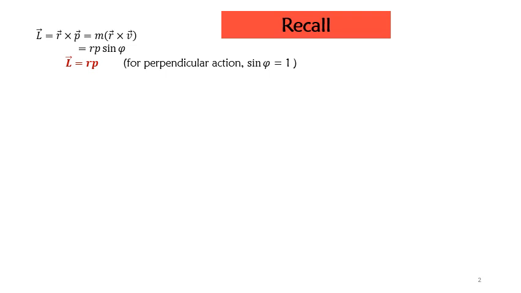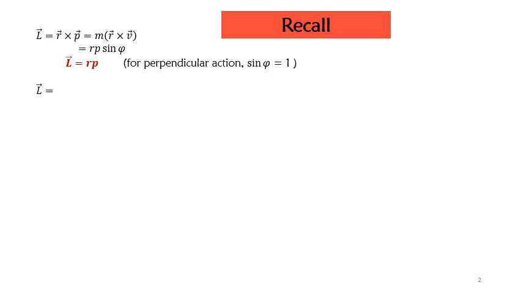Or you can just use r p sin theta, because maximum angular momentum is obtained when there is a perfect perpendicular relationship between the linear momentum of the body and the axis of rotation of the body. I think I explained that clearly in the previous video.